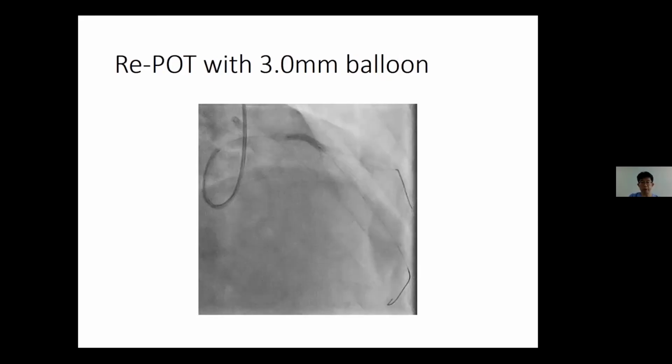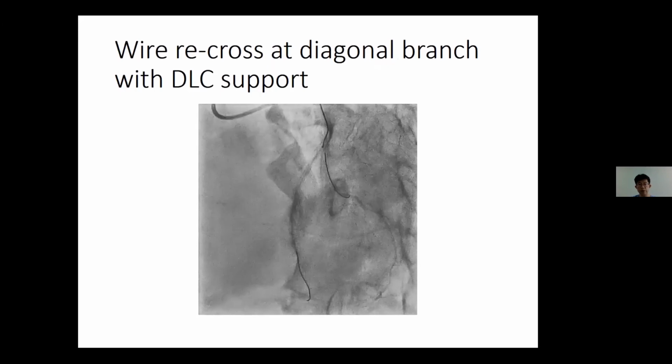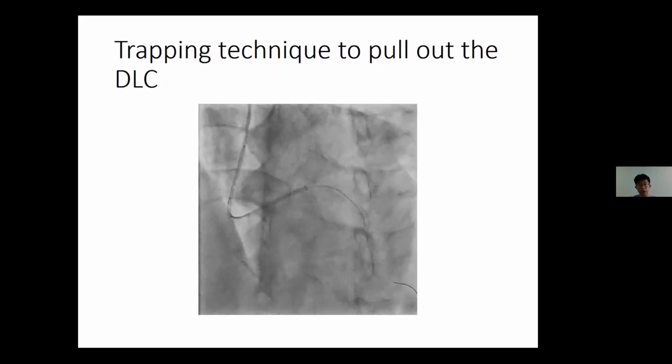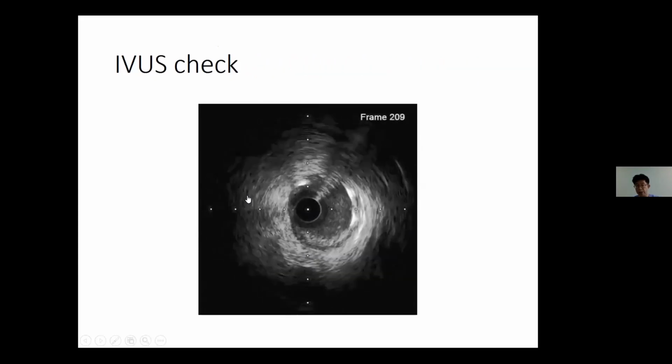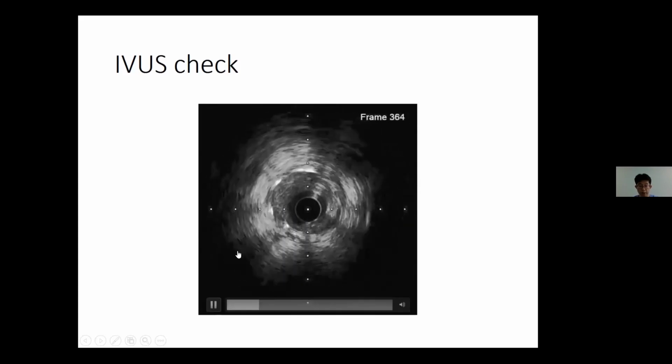So the POT is done with a 3.0 balloon at the proximal LAD, and the wire recrosses to the diagonal branch with double lumen catheter support. So the trapping technique is used to pull out the DLC catheter here. I must check the wire recross point, but this case is not a good recross point because of where the wire comes.